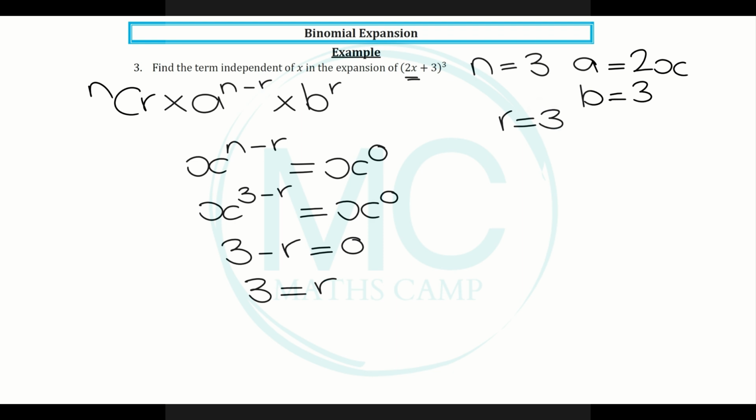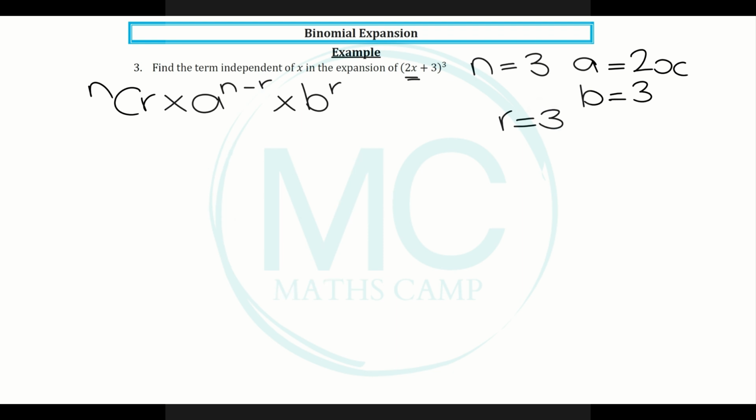And now I can make some space. Let's fill our values into the formula. I have 3C3 multiplied by a, which is 2x, with an exponent of 3 minus 3, which is 0, multiplied by 3 with an exponent of 3.